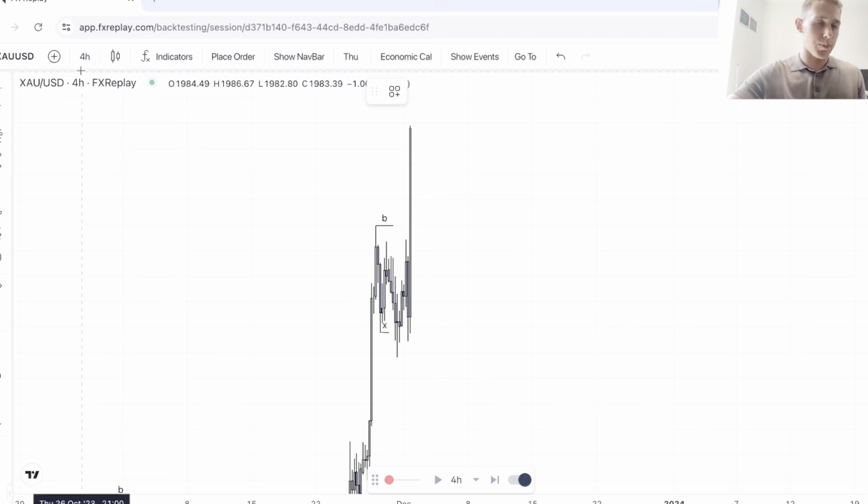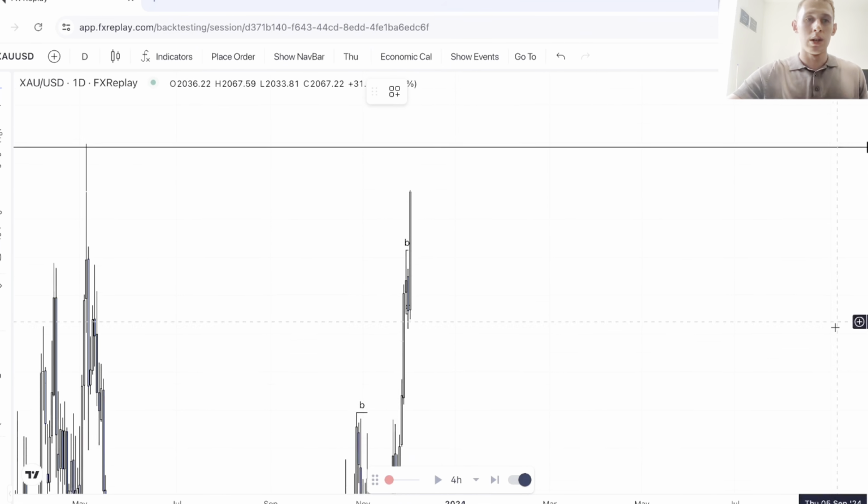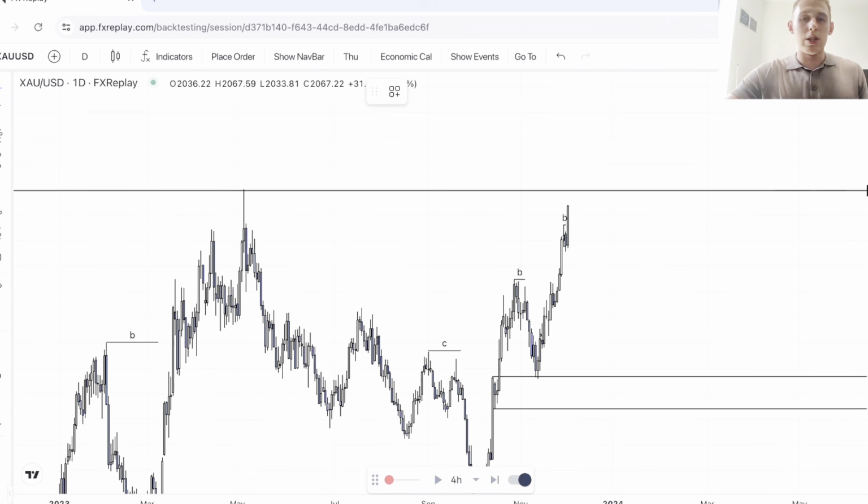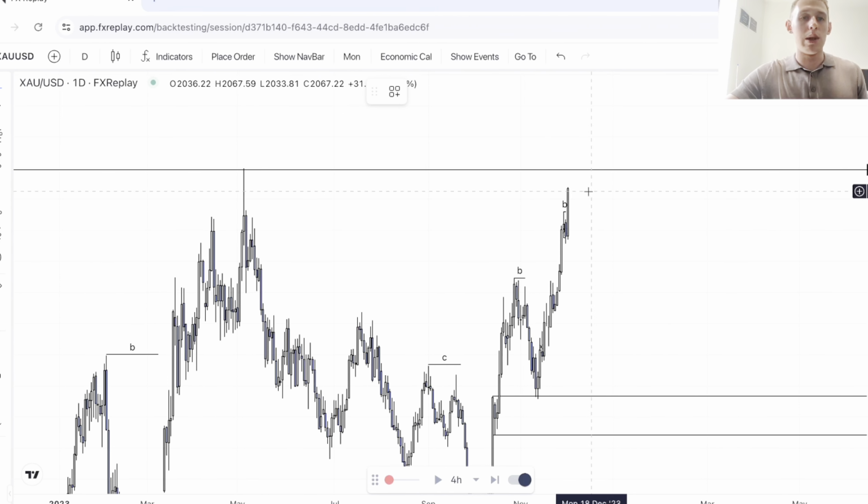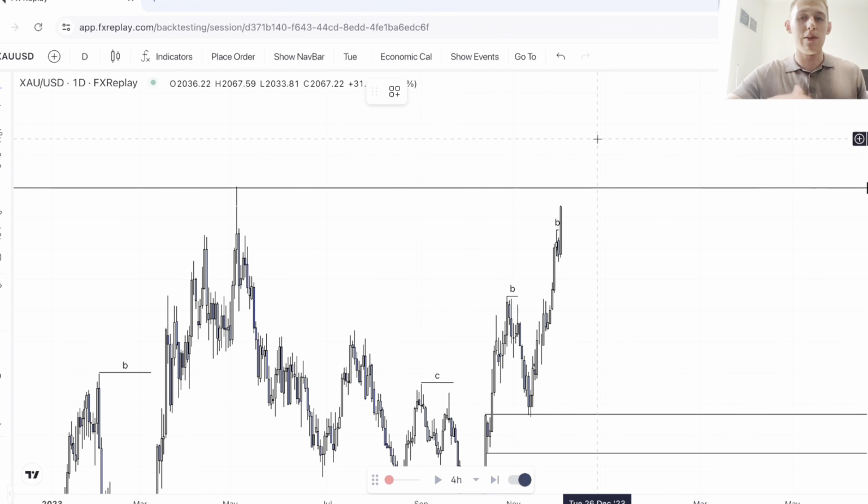Because if we go back on the daily, because this has only just happened this year, I know that price is definitely going to break this high, for example, and that's going to help us in our analysis and make it a lot easier for us. So I don't want to bias the sample and enter trades which I know the outcome of, because that's unrealistic. We don't know the outcome in the live market.